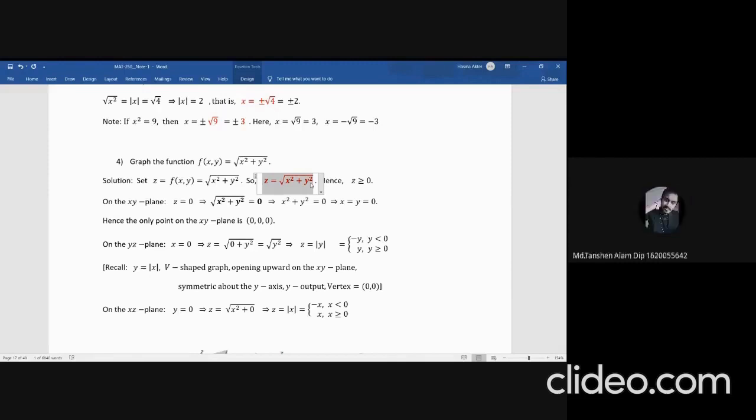Since x and y can be anything, their values can be close to negative infinity or close to positive infinity. It doesn't matter, because when we square them, we get positive. So z is greater than or equal to 0. So the range of this function is all non-negative numbers, 0 and positive numbers. Remember, range is one-dimensional, but the domain is two-dimensional for a function of two variables. You got to be careful.